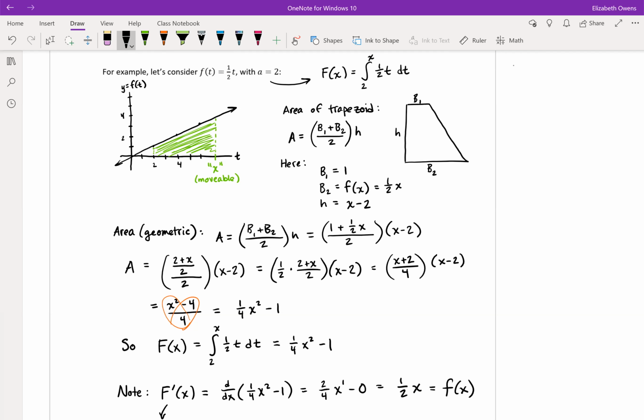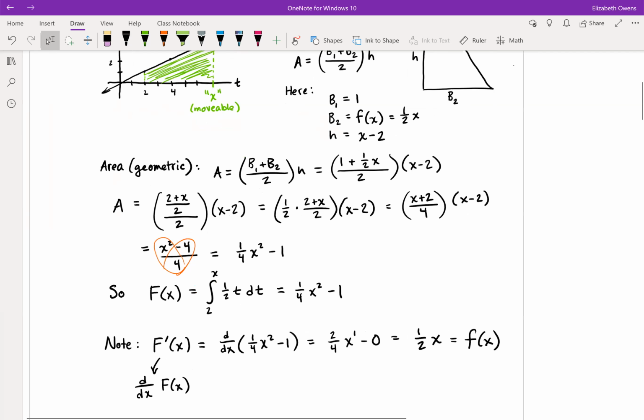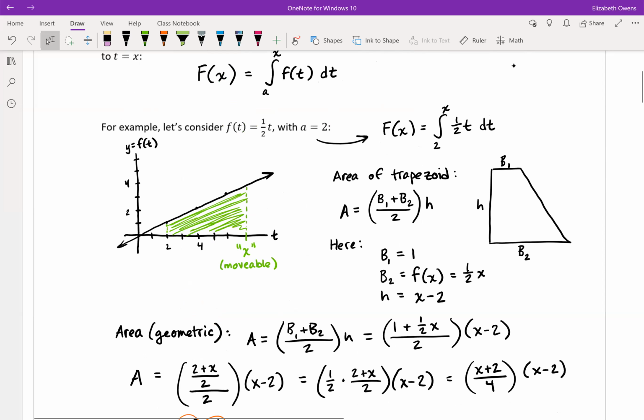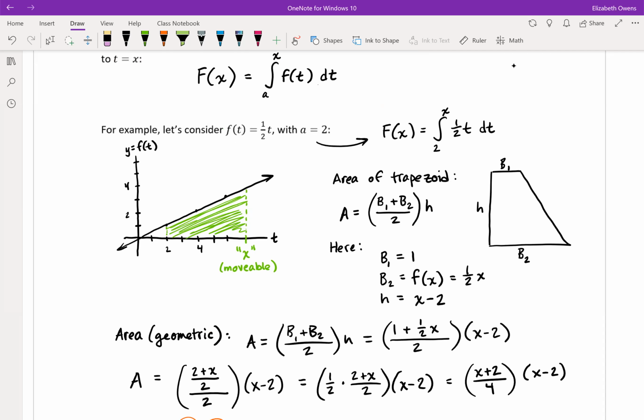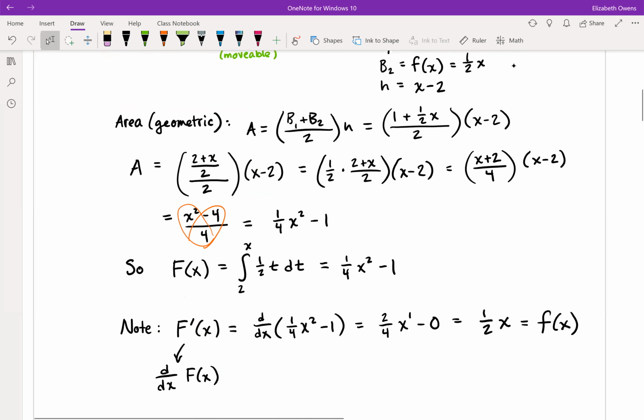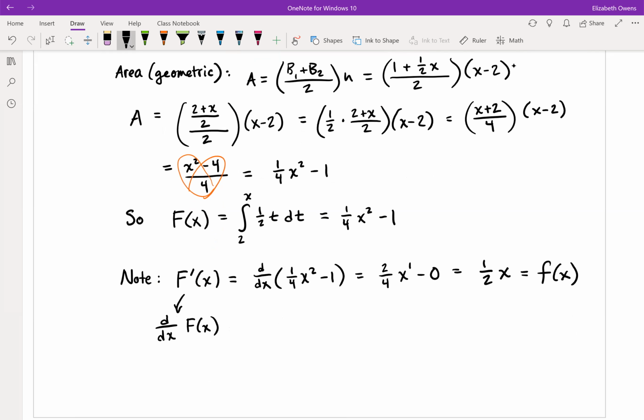And it turns out that regardless of which function you start with, whatever your f of t is, if you go through this process of finding the area function, and then take its derivative with respect to x, you'll always end up with little f of x coming back to you. The derivative with respect to x of big F of x is going to be little f of x.